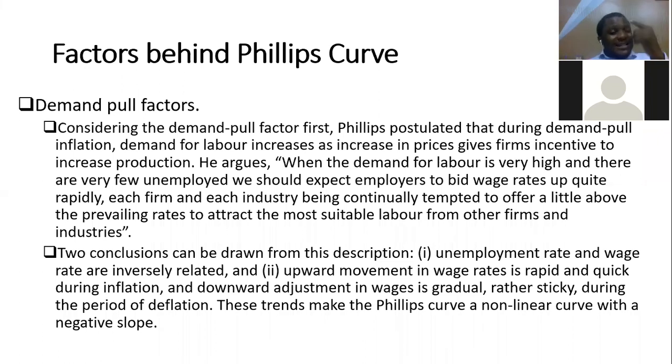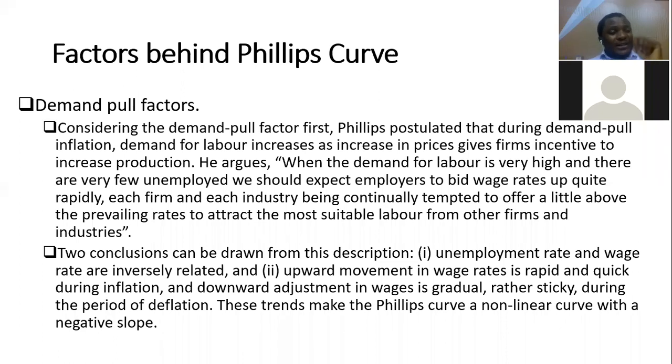That demand will result in demand for labor. Because people are demanding goods, producers have no option but to ask for people to be engaged. Demand for labor will increase, and that will cause an increase in prices. This will give firms incentive to increase their production. So what does that tell you?